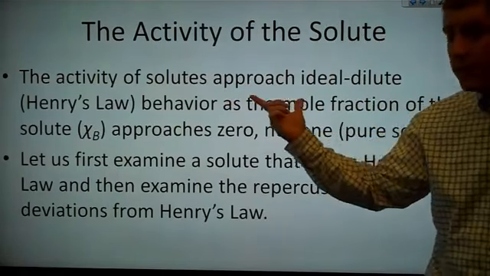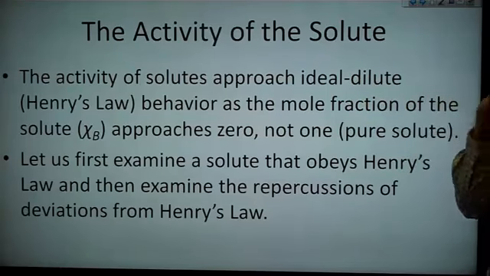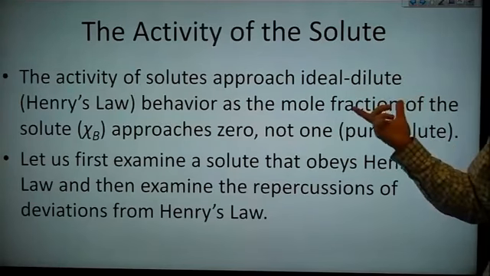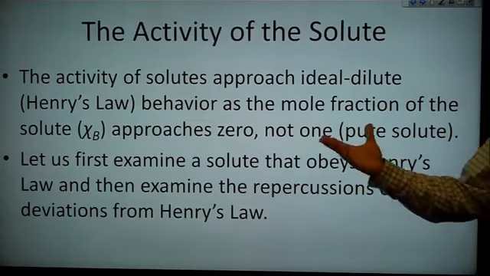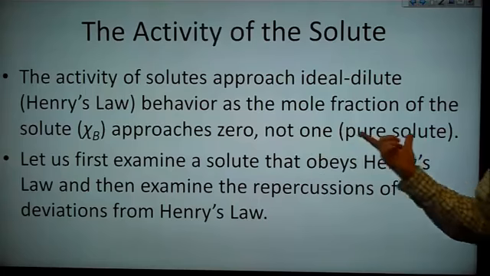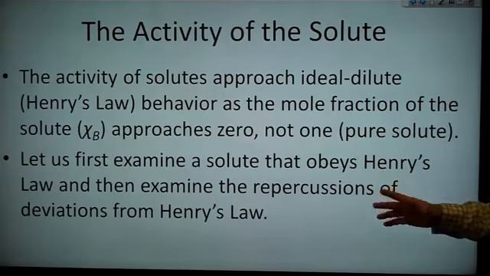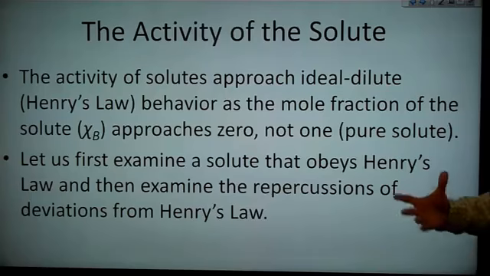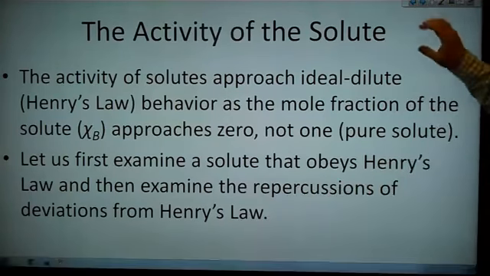Right, so the activity of solutes approaches the ideal dilute behavior, so Henry's law behavior, as the mole fraction of our solute, chi B, is approaching 0, not 1 as it was for the solvent. And so let's first examine a solute that obeys Henry's law, and then let's examine the repercussions of some deviations from Henry's law.